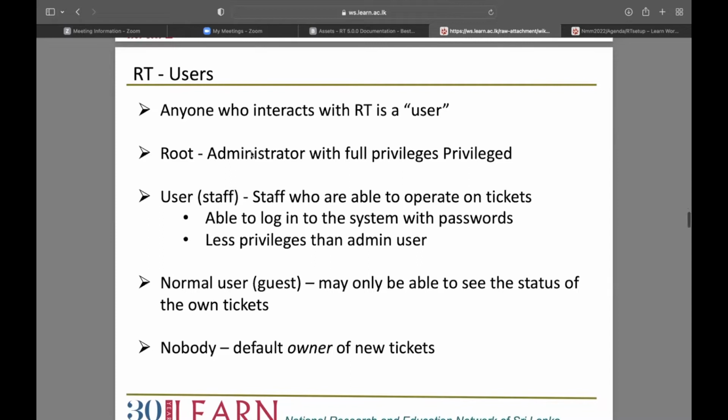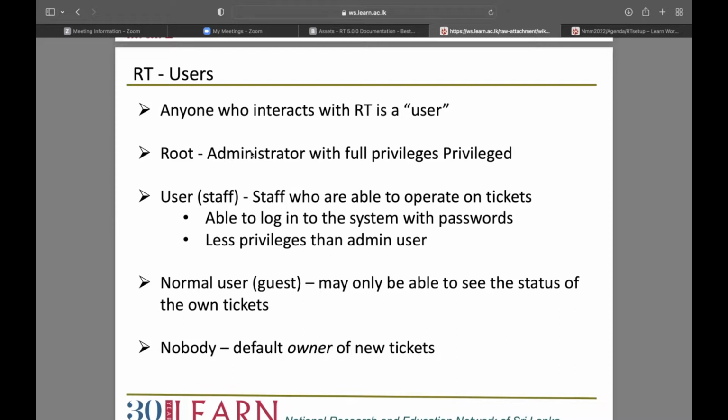So RT users, as I said, anyone who interacts with RT is a user. I think you can get the idea of a user, like if you are sending me an email, then you are a user.